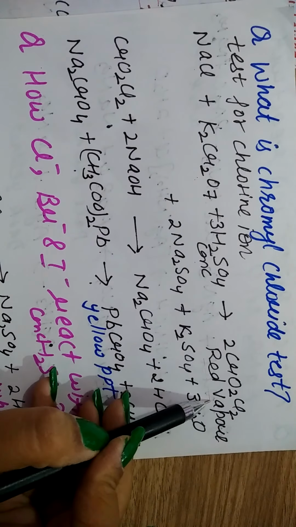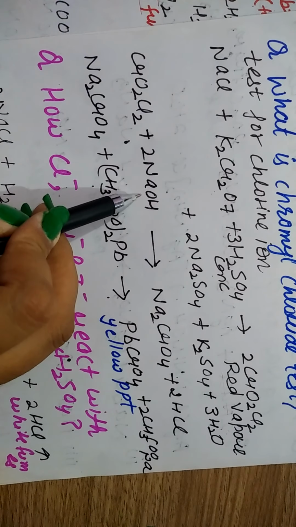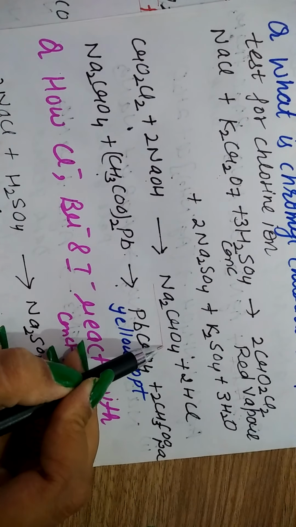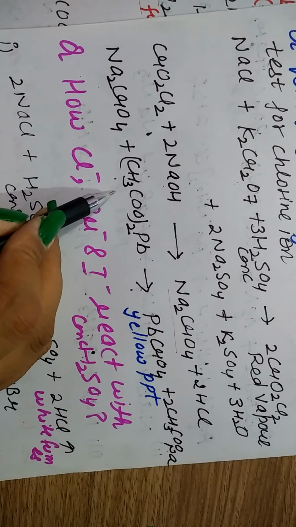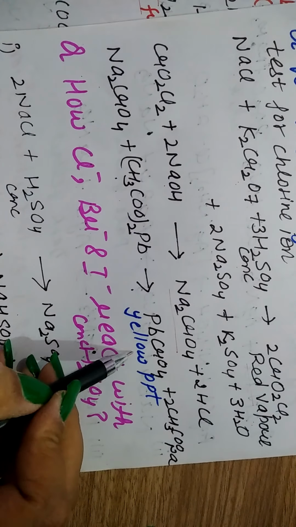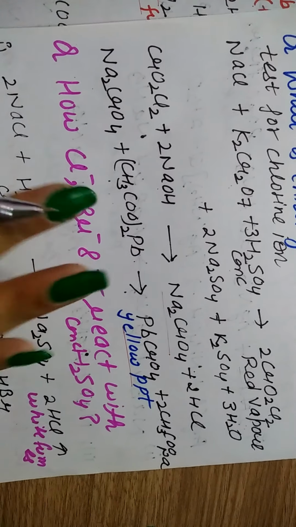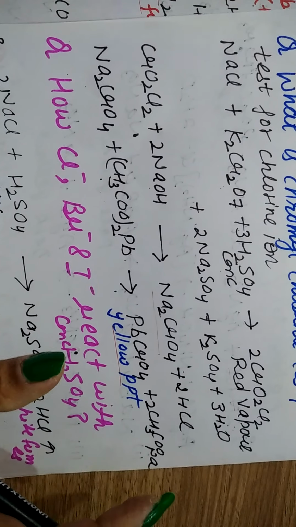Firstly, it will form red vapors, which on treating with sodium hydroxide pass into the solution to form sodium chromate. This sodium chromate is then treated with lead acetate to give us a yellow PPT. And if a yellow PPT is obtained, it is clear that the compound has chloride ion.